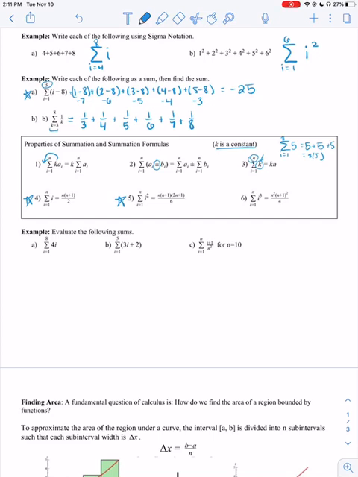So let's practice. For the first one, I have my i, and I have a constant 4 being multiplied. So I'm going to bring that 4 out in front of my sum. And so now what this is saying is we have 4 times that sum starting at 1 and going to 8. And so you could certainly write it out 1 plus 2 plus 3 plus 4 plus 5 plus 6 plus 7 plus 8. But maybe you don't feel like doing that.